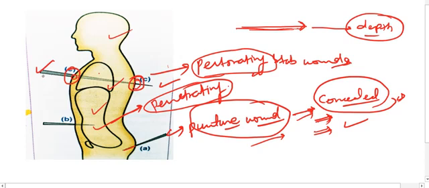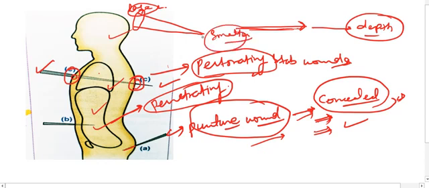But in case of stab wounds, as the blade is gradually tapering, the entry wound will be larger in most cases, and the exit wound will be smaller due to tapering of the blade. So there are three types of stab wounds: first is puncture, the second is penetrating, and the third is perforating stab wounds.